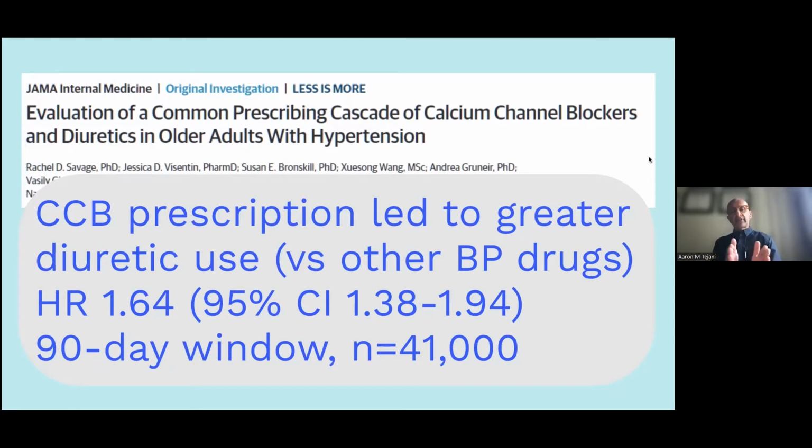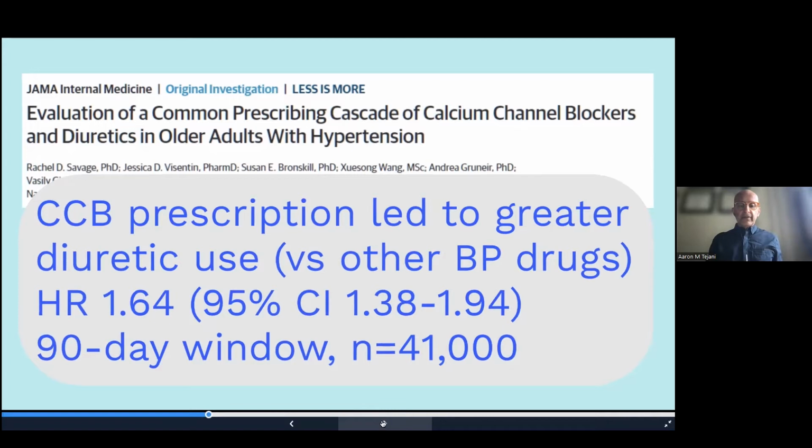They looked between the incident prescription of calcium channel blockers and whether a diuretic was prescribed within a 90-day window. It's a fairly large observation of 41,000 patients. And I know this one, as I mentioned before, this cascade has been talked about a lot in the literature.